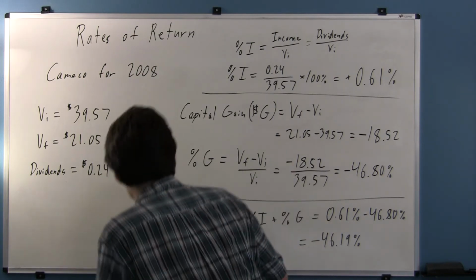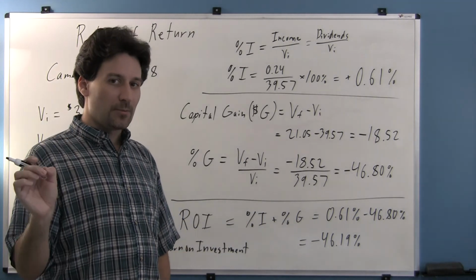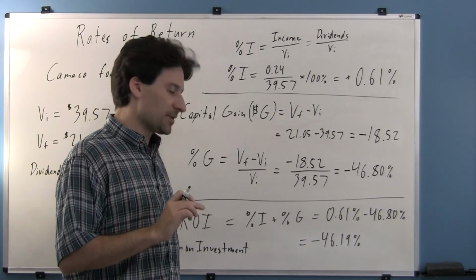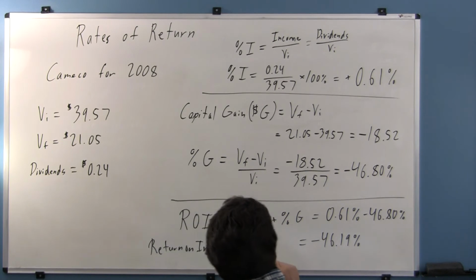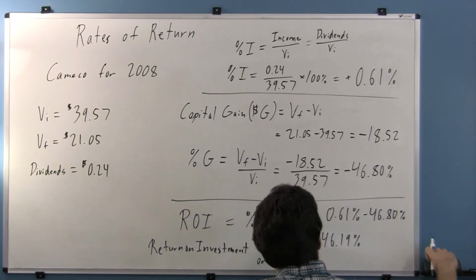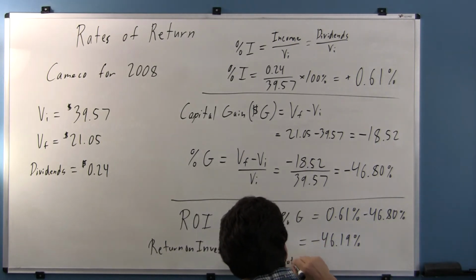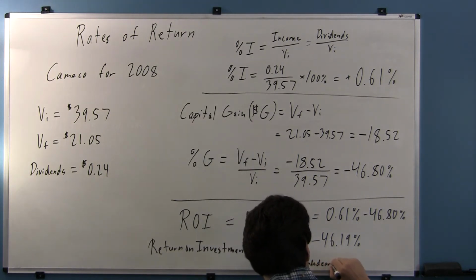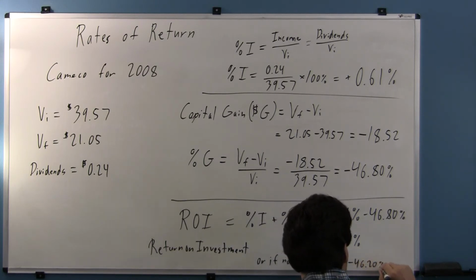In this case, if you held on to all your decimal places, you actually would get minus 46.20% here. Or, if not rounded early, it was negative 46.20%.